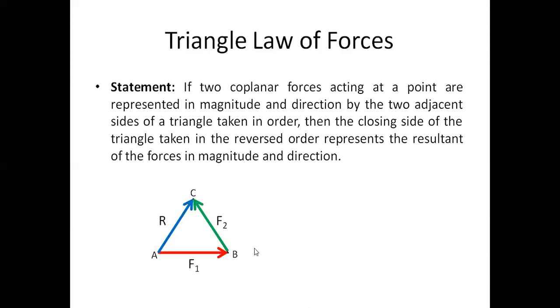Therefore, if we want to find the resultant of F1 and F2, it is the closing side of the triangle taken in reverse order, in magnitude and direction. This is the triangular law.